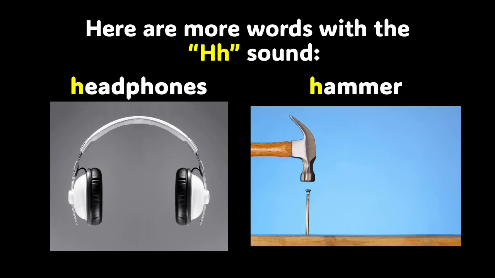Well, we have headphones and hammer. Headphones and hammer both make the H sound. I'll say the word and then you say them after me. Headphones, hammer. When you see the H, remember it makes the H sound.